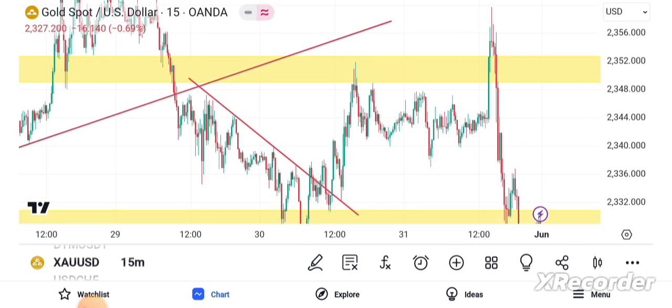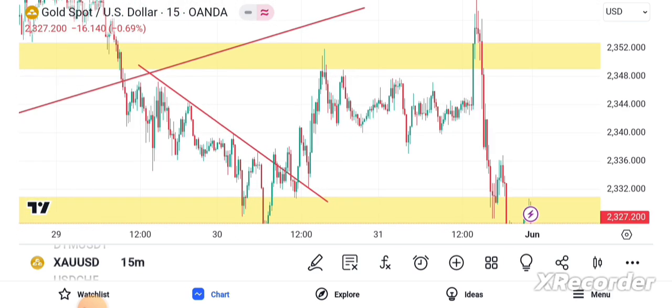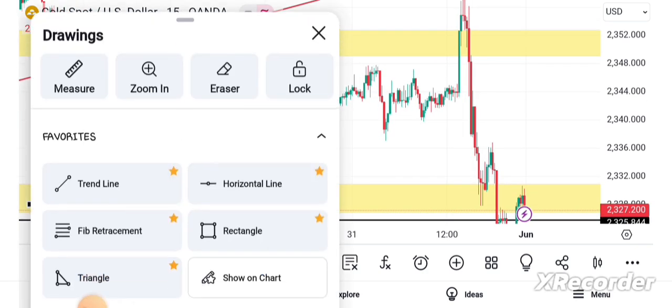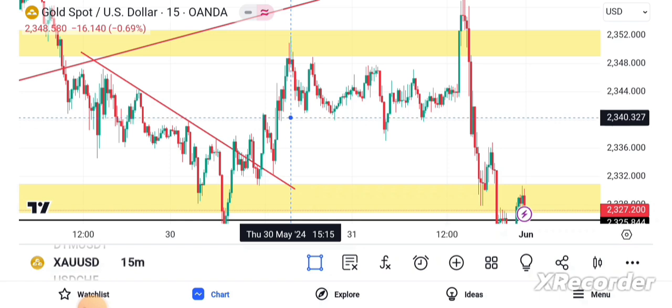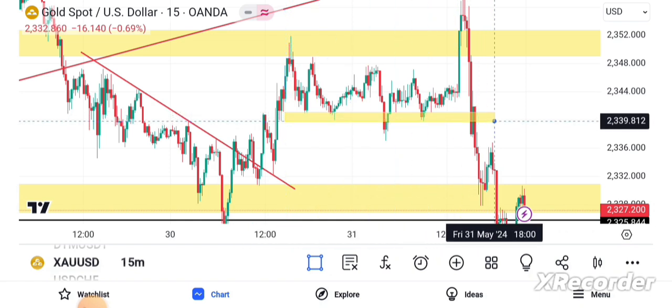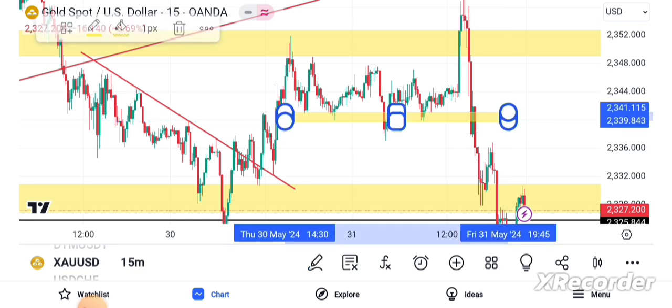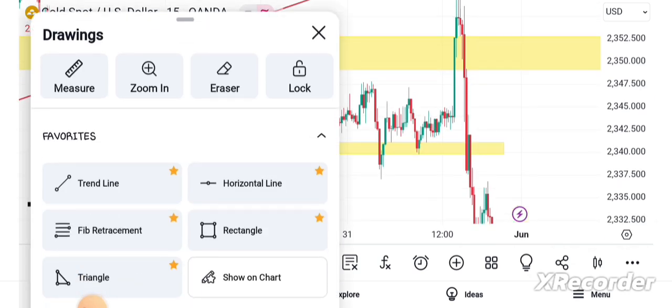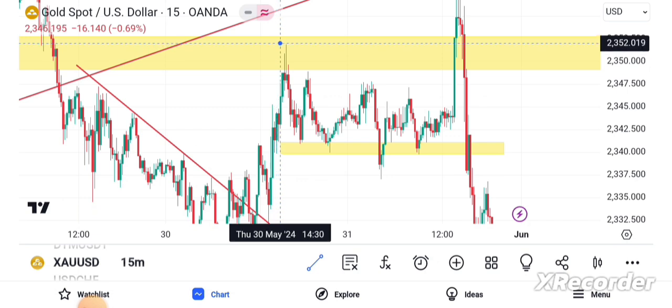So if we look at this point here, after the breakout and the touch, you see that price was rejecting at this point. We have this rejection, this small move, but we can use a line instead.